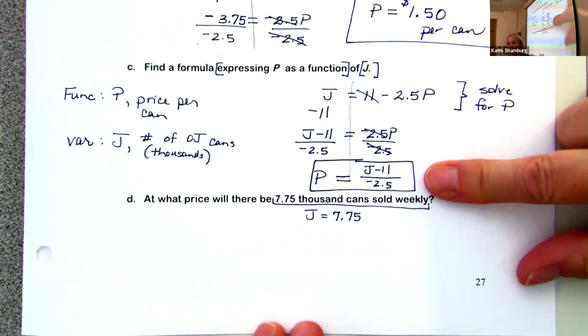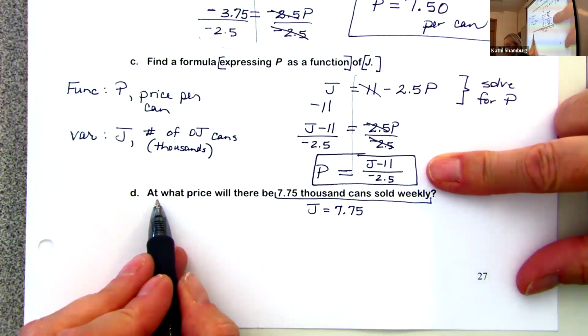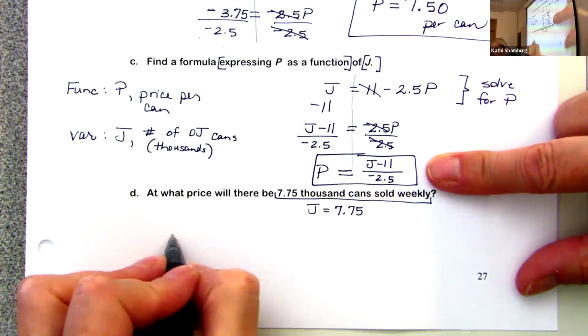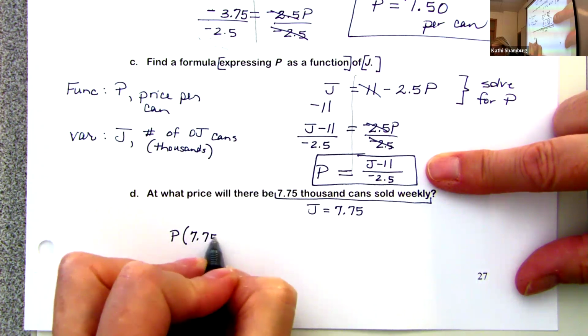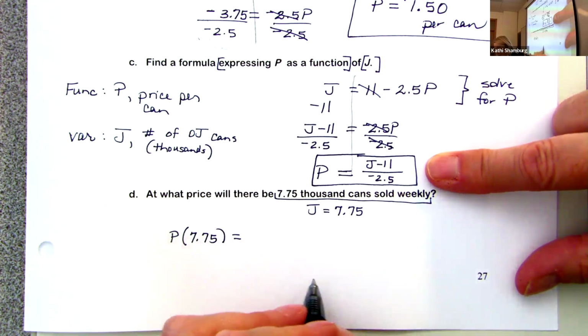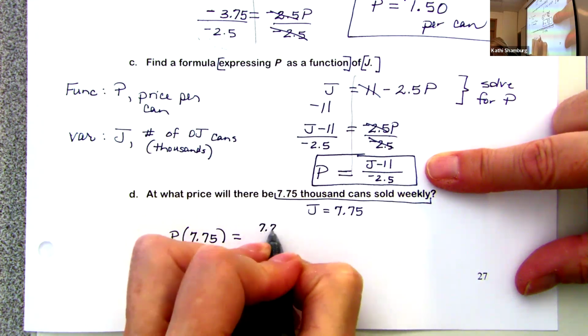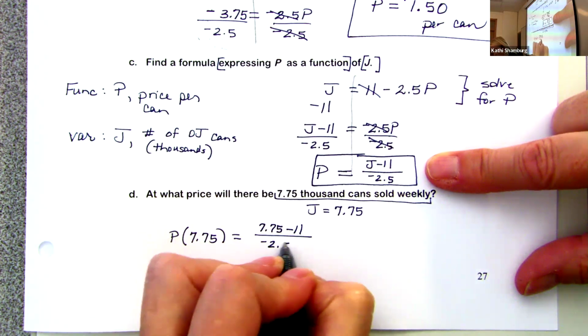We're going to use our new formula. So it's asking for at what price. P represents price, and we know we want the price at 7.75 thousand. So this is now my J. So we would have 7.75 minus 11 over -2.5.